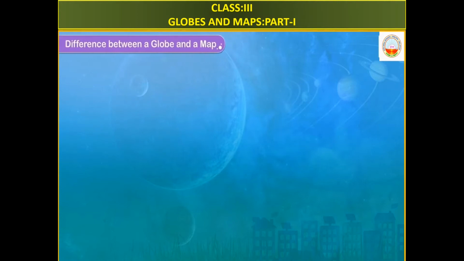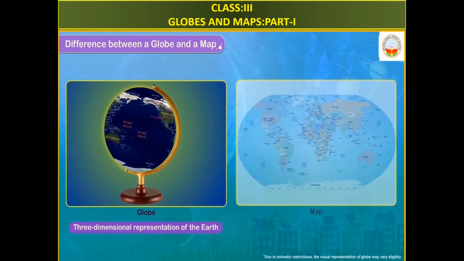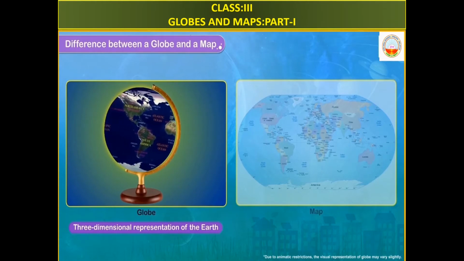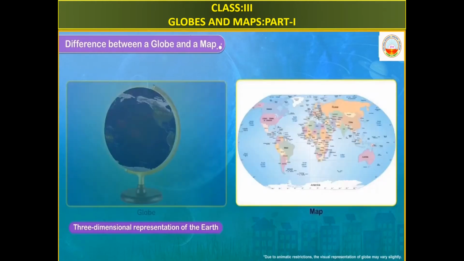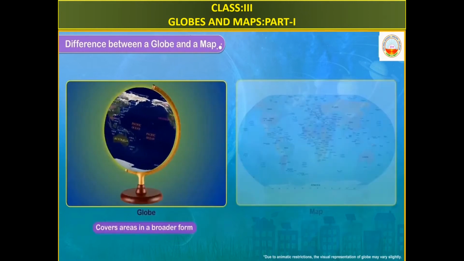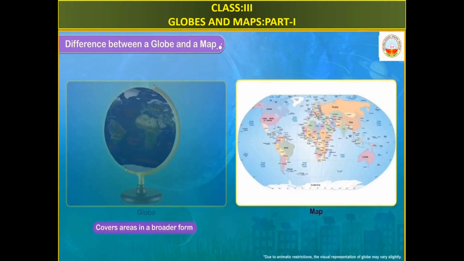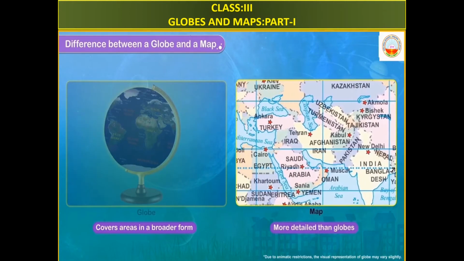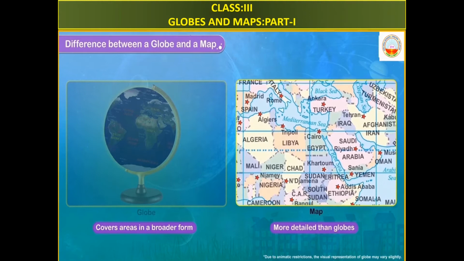Now let us see the differences between a globe and a map. Globe: three-dimensional representation of the earth drawn to scale. Map: the two-dimensional representation of the earth drawn to scale. Globe covers areas in a broader form. Map is more detailed than globes.